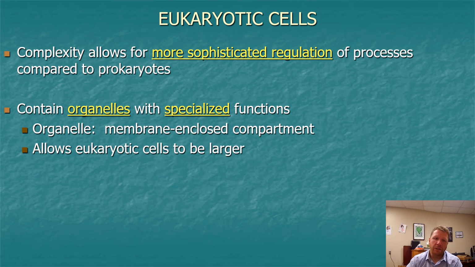You can have a process that is regulated at the enzymatic level, but also a process that is not taking place within one organelle but is taking place within another part of the cell, and it's simply turned off in one part of the cell because of whatever environmental cues. So we're going to continue on with eukaryotic cells in the next video, and I'll see you then.